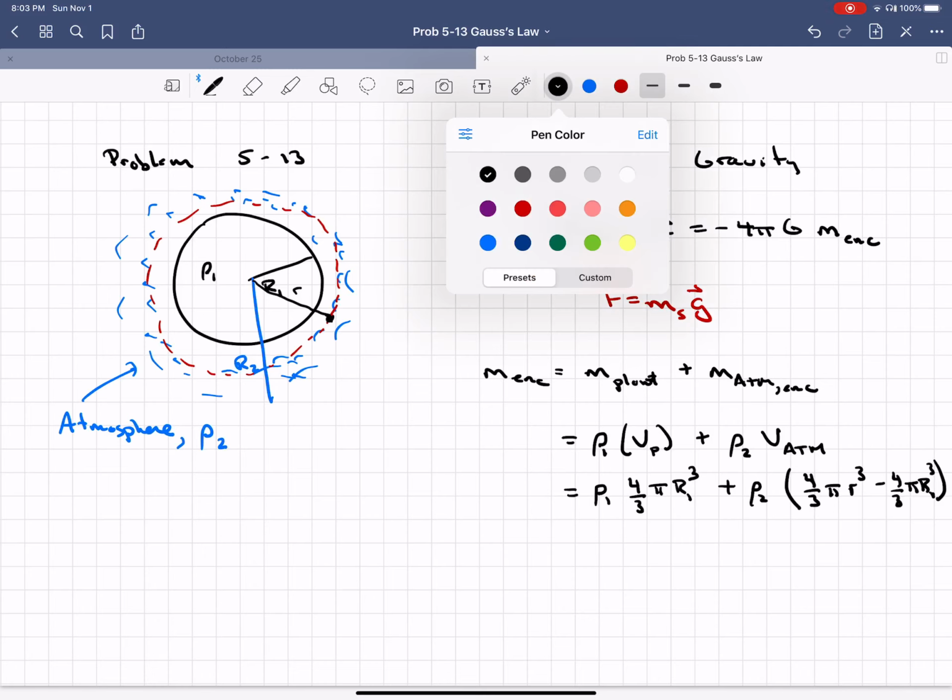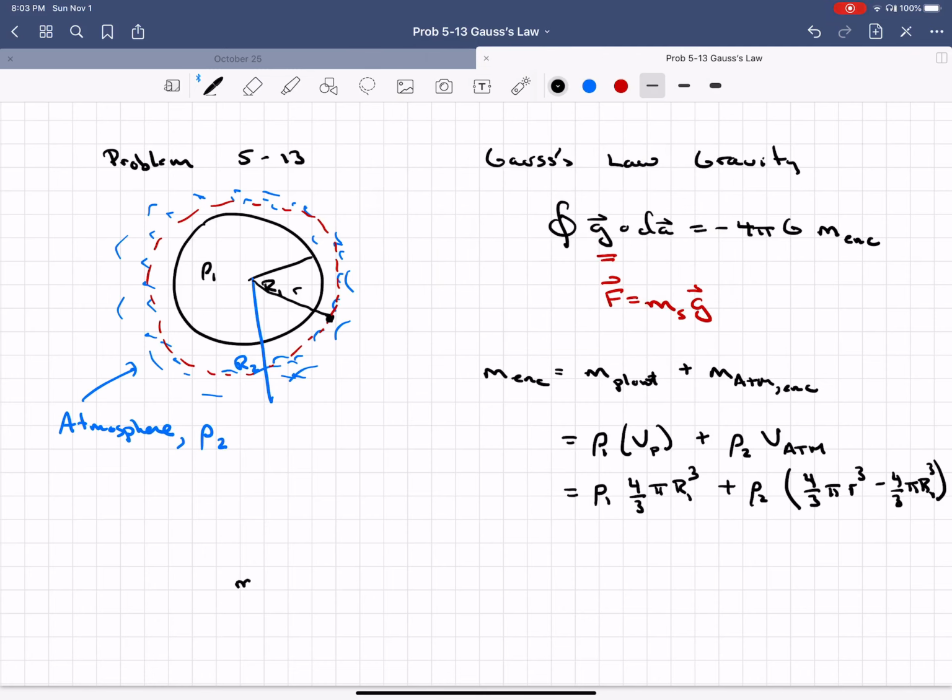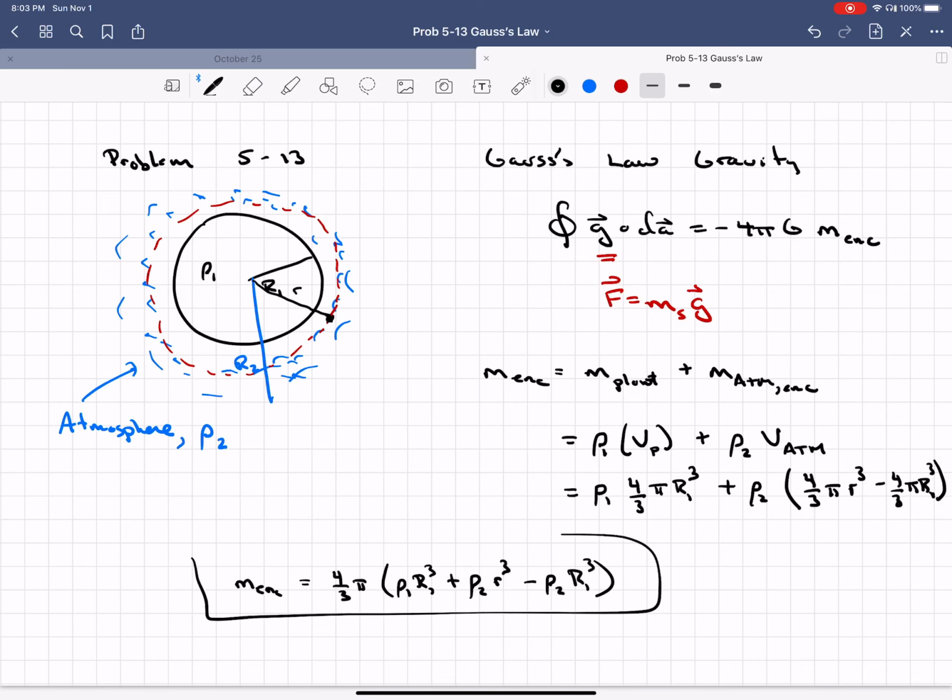Okay, so I can say here that my mass enclosed is 4/3 pi times rho 1 r1 cubed plus rho 2 times r cubed minus rho 2 times r1 cubed, if I pull everything out. So there's my mass enclosed.